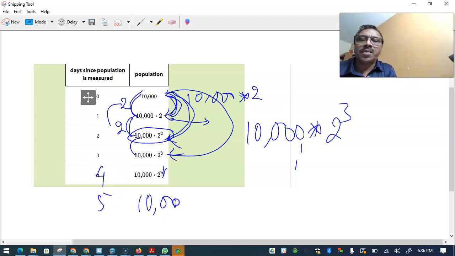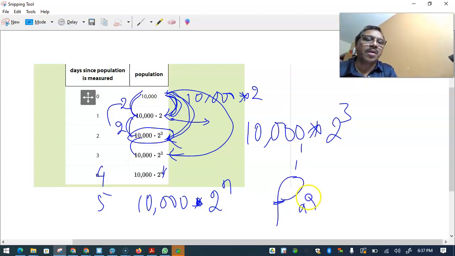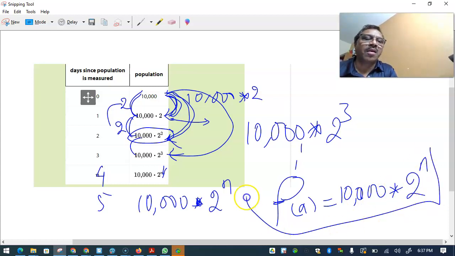This is the easy exponential function. We can model the real world problem into an exponential function, 2 raised to n or x, whatever. So we can write this as 10,000, the population in the beginning, times 2, the factor that multiplies n times. So that's all.